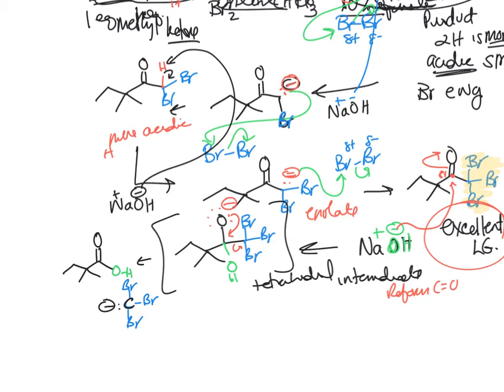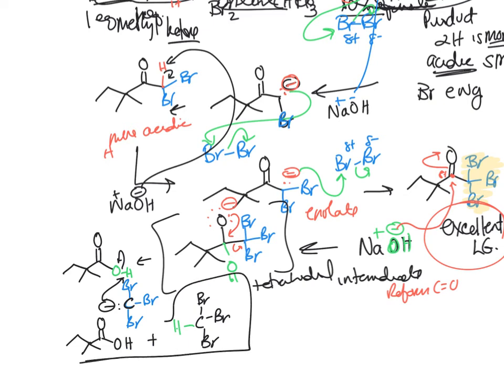And then this will take away that hydrogen, and you will form the haloform. And this is the bromoform, to be exact. There's your hydrogen. And then you put it in the separatory funnel, and then you would get this protonated. Okay, and that gives you your carboxylic acid. And that is the mechanism of the haloform reaction.